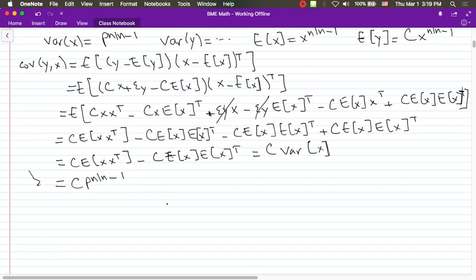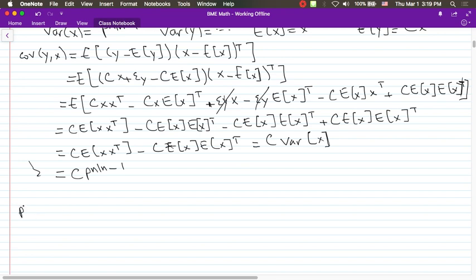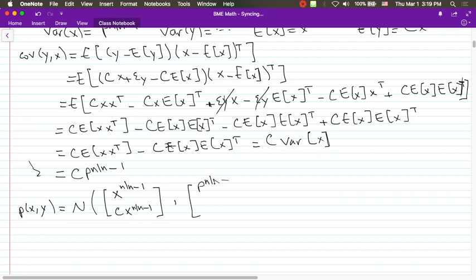Okay, so now I can write the joint probability between x and y. It's a normally distributed random variable with mean of x of n minus 1. Mean of y, C x n minus 1. That's the mean of this xy joint random variable. Its variance is variance of x. Variance of x is P of n minus 1.